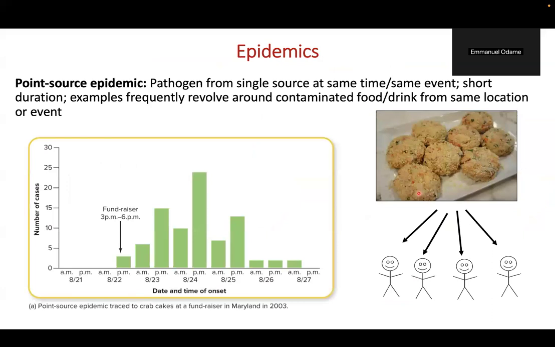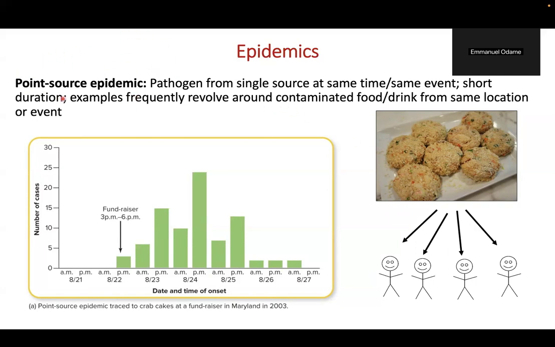So, in order to fully understand epidemics, you first have to understand things like the point source of an epidemic. So, you have to know where the source of the epidemic is. Epidemics are mostly caused from one single source, which is a point source epidemic.